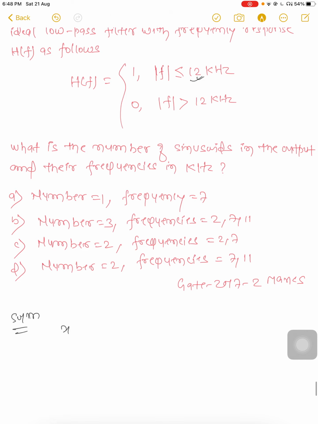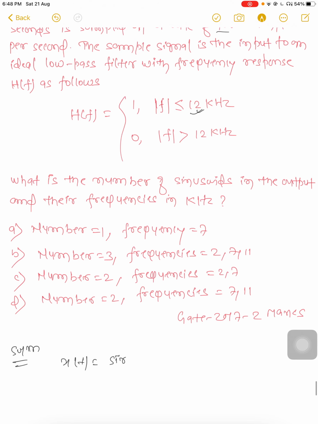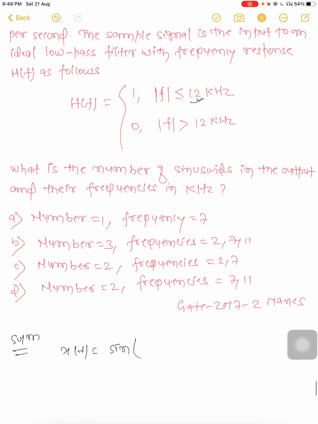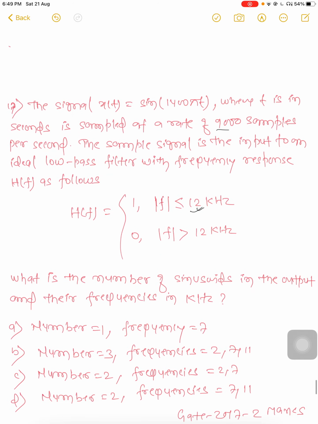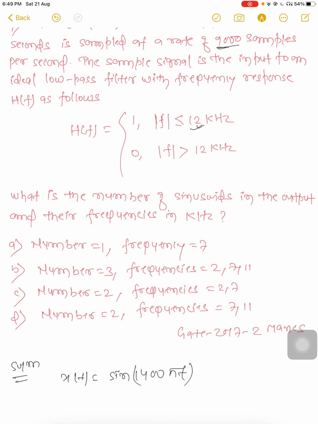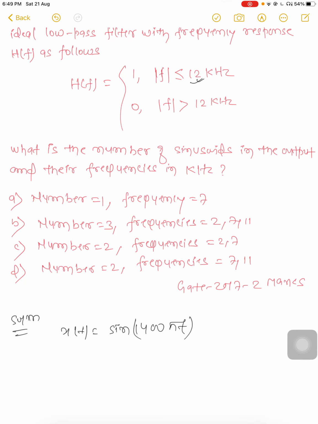So x(t) is given as sin(1400 pi t), sampled at 9000 samples per second.